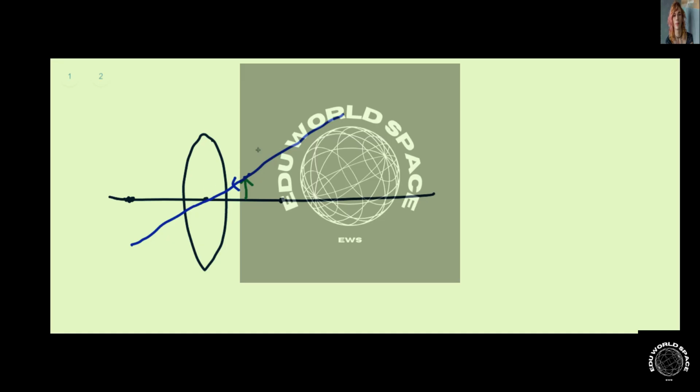And then another that's as if it's coming from this focal point here. And then this ray will go parallel to the optic axis. And if I extend that backwards, then I can draw my virtual image here, like so.